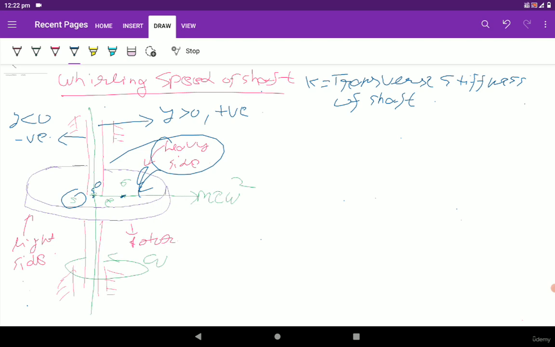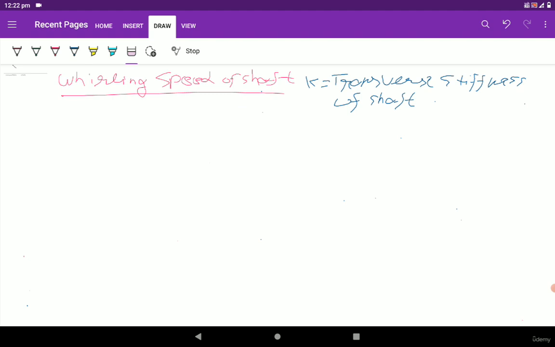Now moving to the main thing. If the rotor starts rotating, the diagram will look something like this.